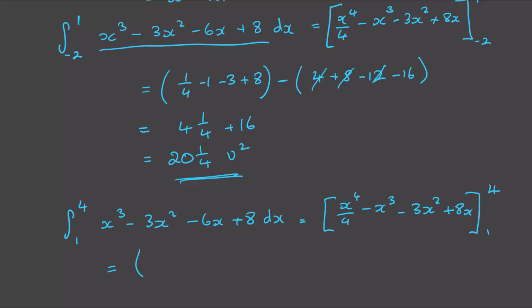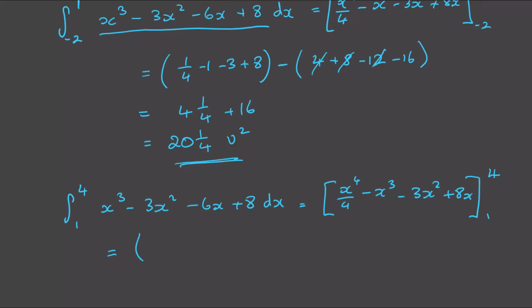And using the top limit, we're going to get 4 to the power 4 divided by 4, which is the same as 4 cubed, which is 64. And then take away 64. And then we've got take away 3 times 16, so that's take away 48. And plus 8 times 4, which is 32. And then we're going to take away what will be the same as this bracket here.